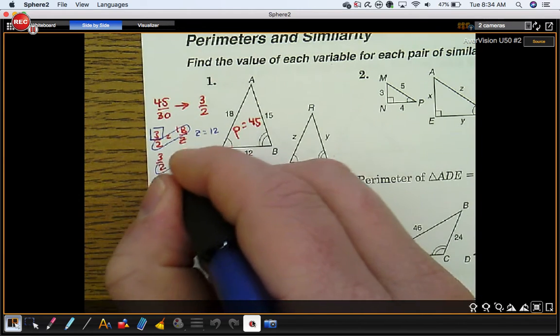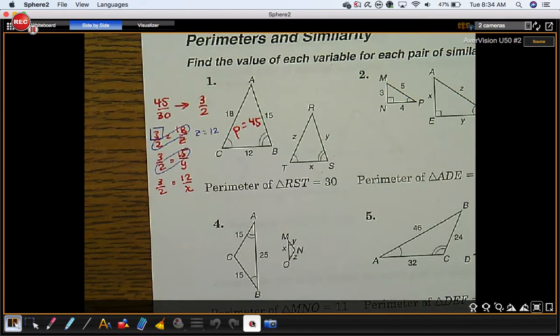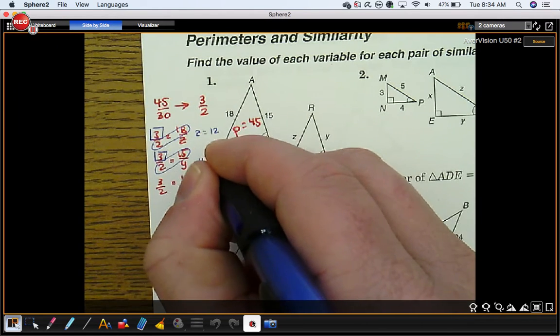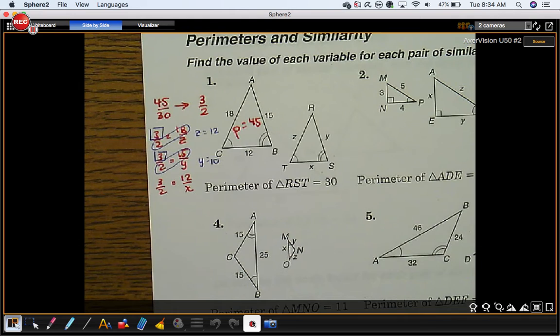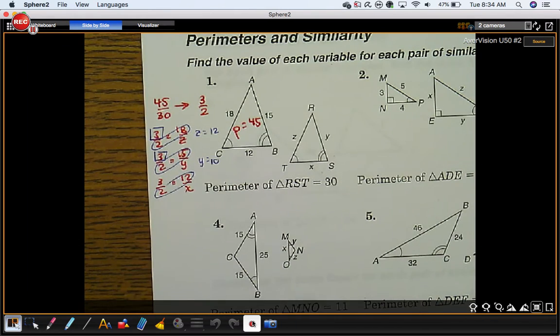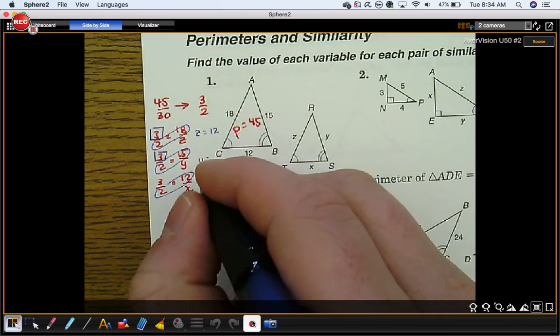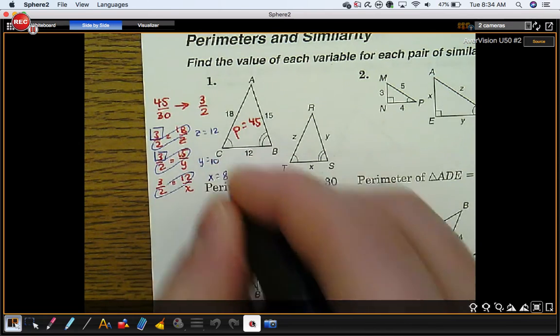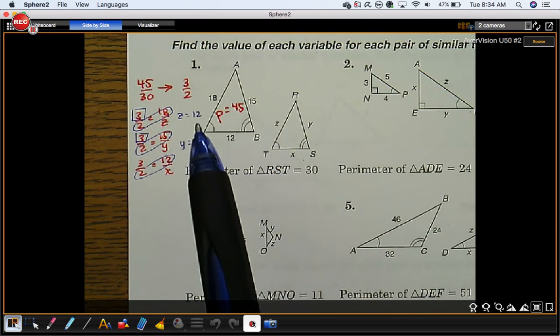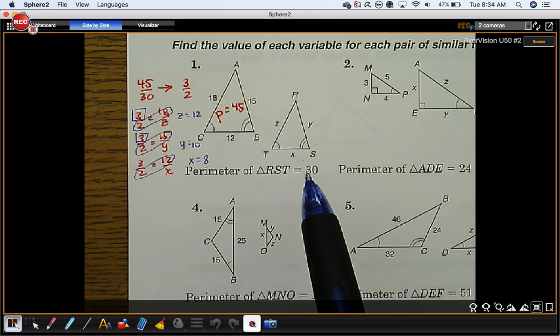You're going to take 2 times 15, divide by 3. That'll give you 10. You're going to take 2 times 12, divide by 3. That'll give you 8.